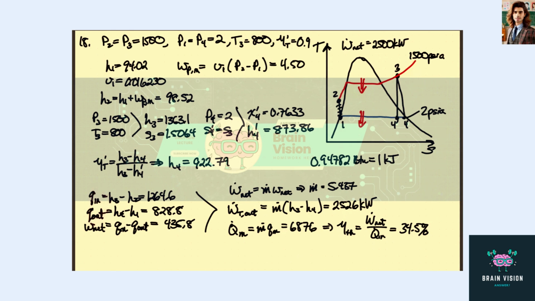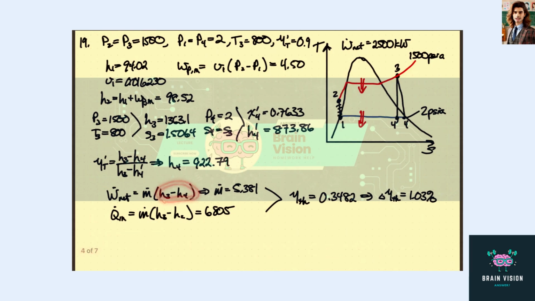Either way, if you were to plug Q in here, you would get H3 minus H2, and then minus Q out, which is H4 minus H1. So you can see what we're basically saying is that H1 and H2 cancel out, so roughly these have the same enthalpy. And so that's why we get H3 minus H4 here. And then we can figure out the heat transfer in.